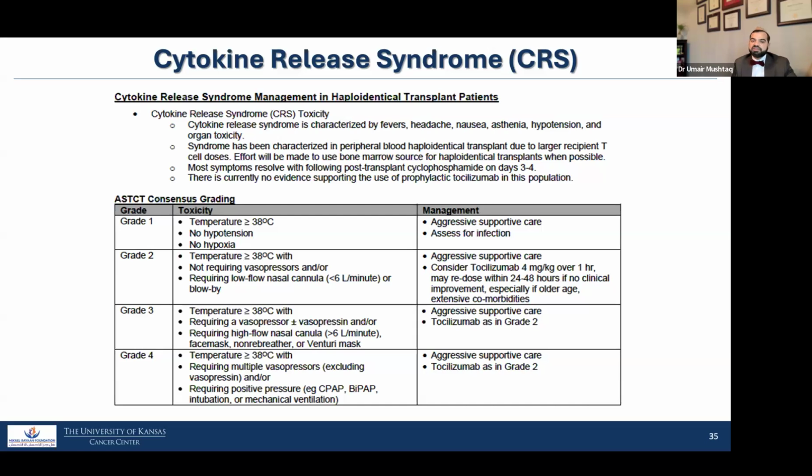If it is grade 2 and higher, then consider tocilizumab. We have tocilizumab available since COVID at most places, so that should be considered. There's no need to get that patient into undue complications when they can be prevented by giving early tocilizumab. And this will happen in the days before PTCy usually. So day 1, 2, then day 3 and 4, they get post-transplant cytoxan.